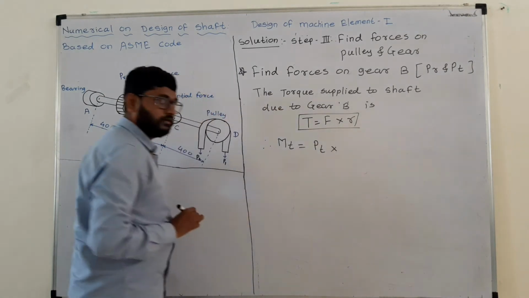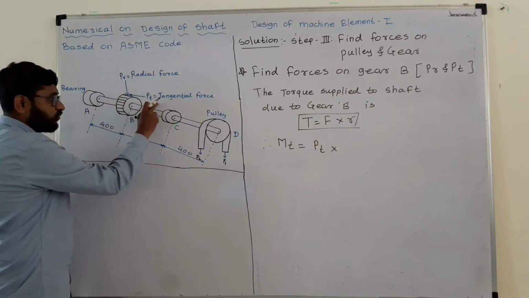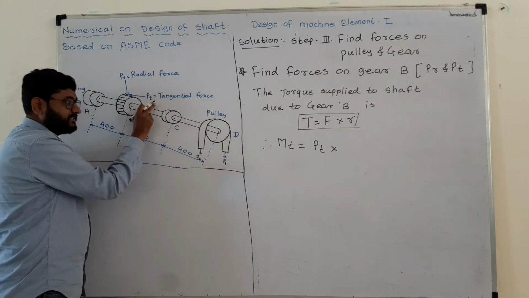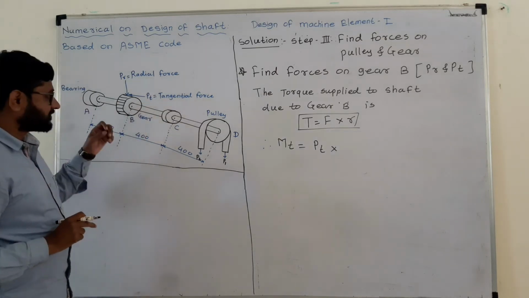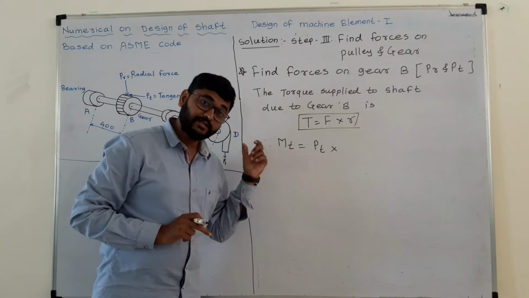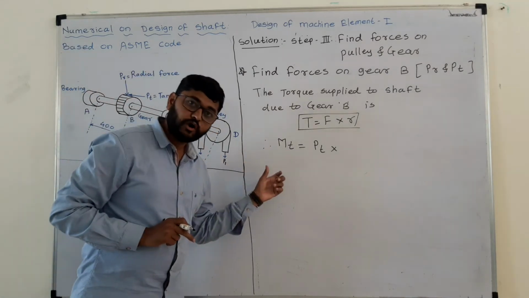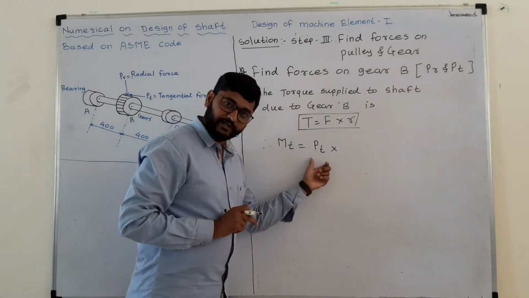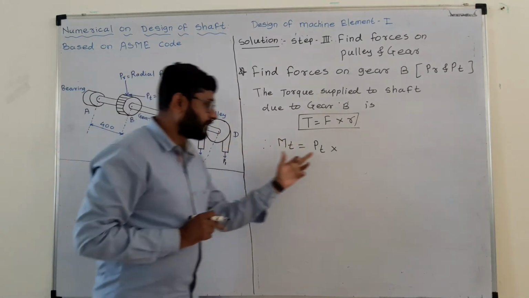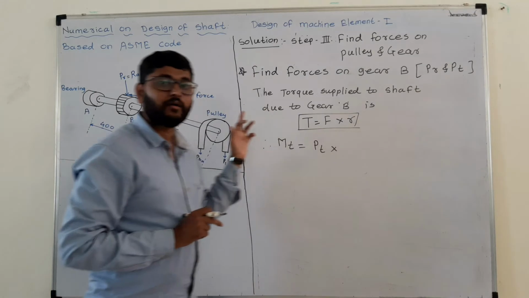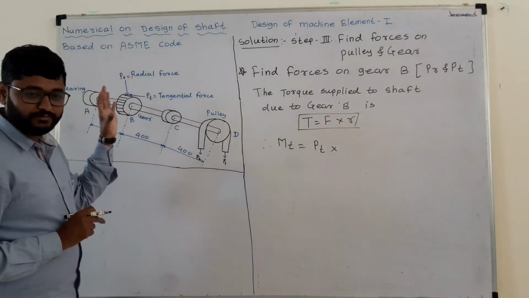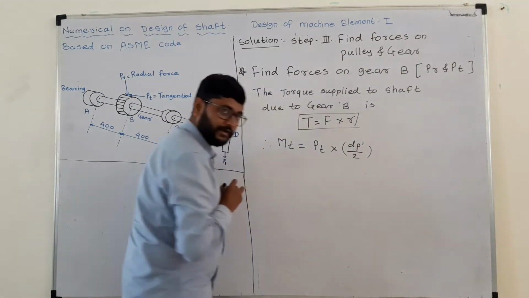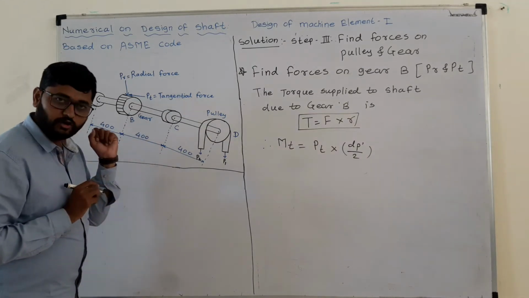The force is the tangential force on the gear, PT. Tangential force is acting because this is also a tangential moment. Moment means force into radius. So here the force PT is the tangential force into the radius, which means the pitch circle diameter of the gear is given, dP by 2. dP means the pitch circle diameter of the gear.